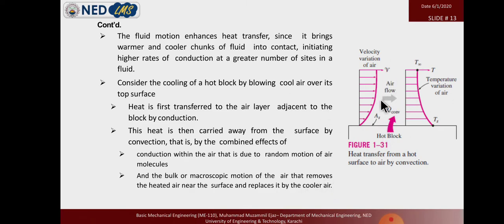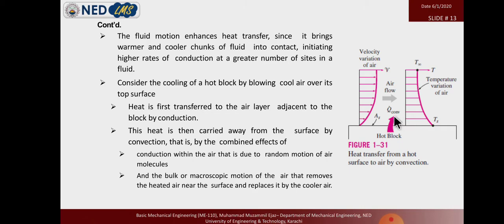So we can have two types of motion over here. One is forced motion, like a fan blowing air over here. Even if there is no fan, with a hot block over here, the air surrounding the hot block becomes hotter and expands, so the density of the gas becomes lower.